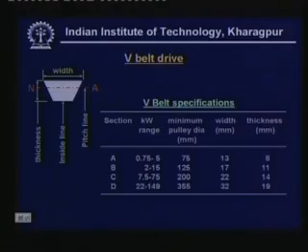This is for the V belt drive, and you know that the V belt specifications are as given here. There are 4 types of sections mainly. Also I told you that there is an E section present. Depending upon the kilowatt range, one has to select the typical belt for use.